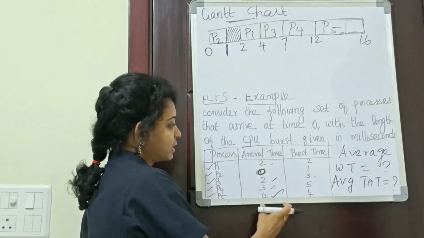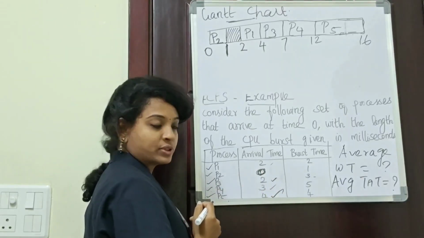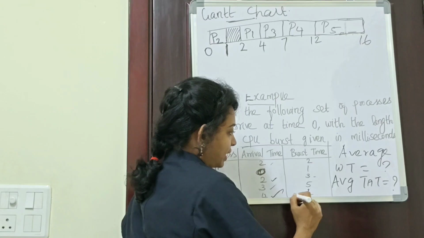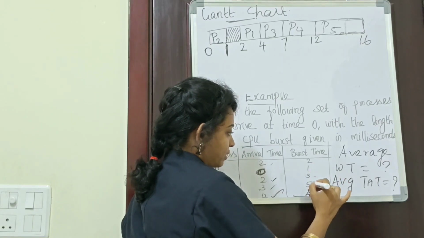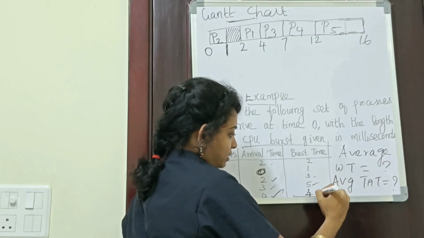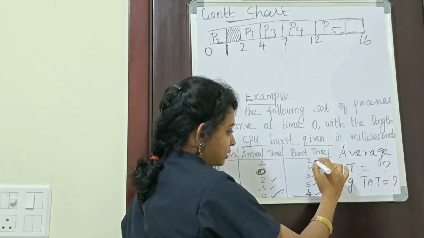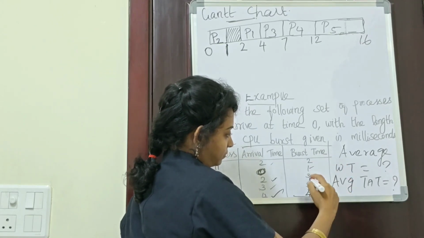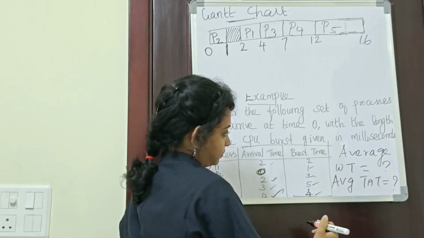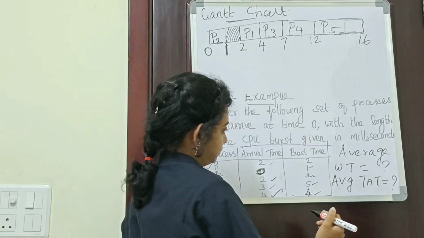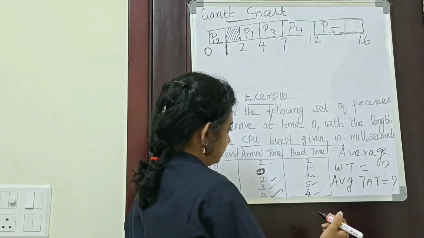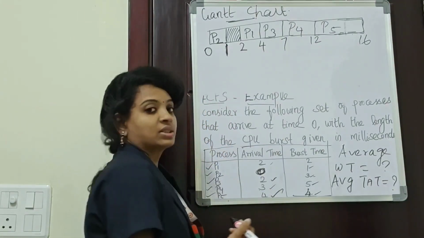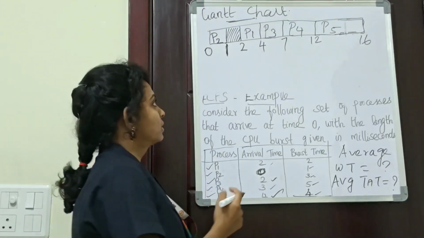Okay, so this is nothing but the FCFS algorithm. So when we add this, you will get 16. Okay.